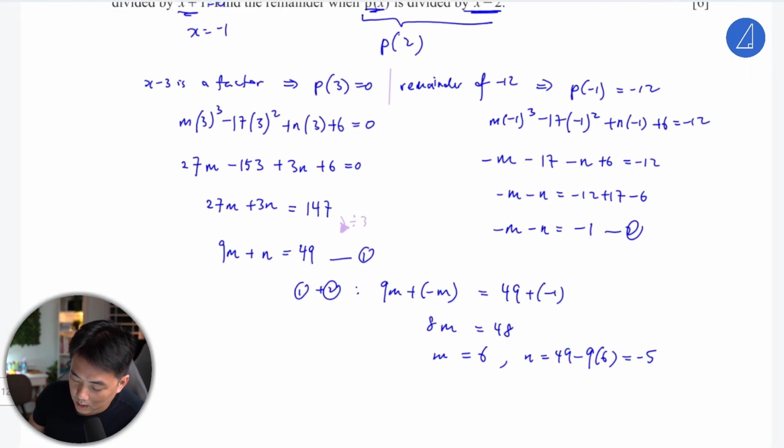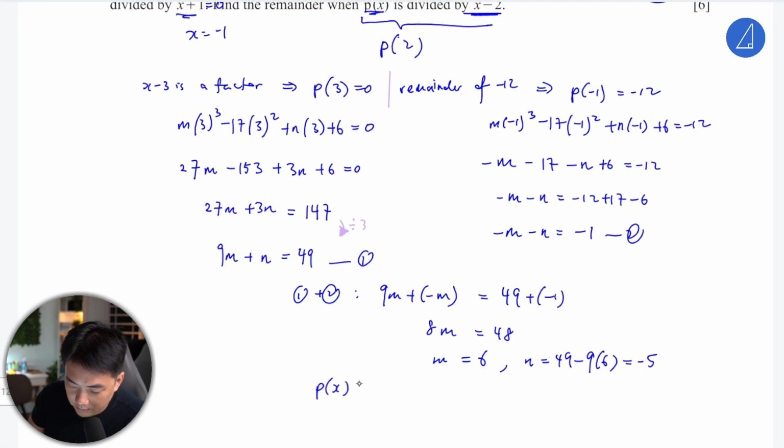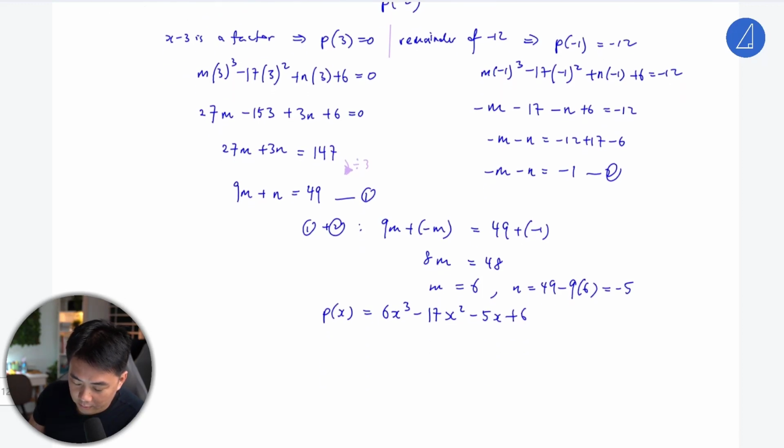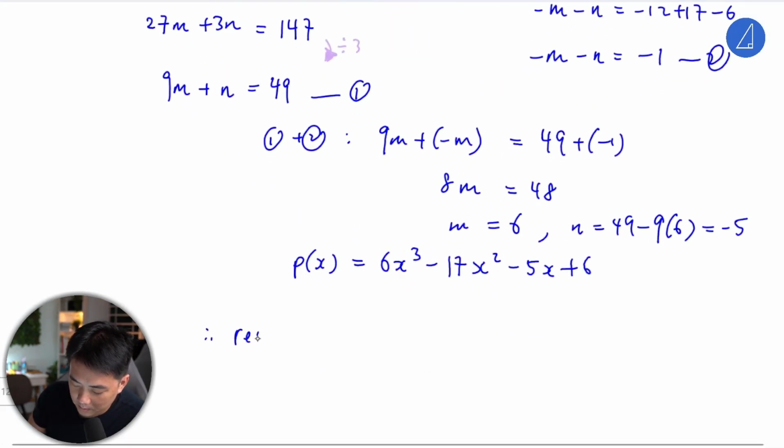So we know that P(x) is given by 6x cubed minus 17x squared minus 5x plus 6. We need the remainder, so the required remainder is P(2).